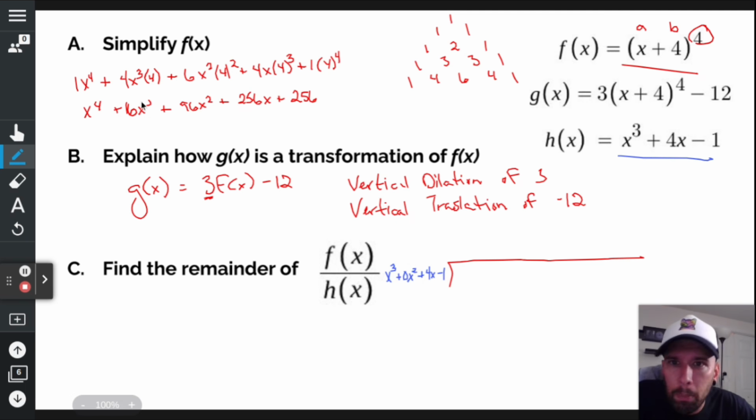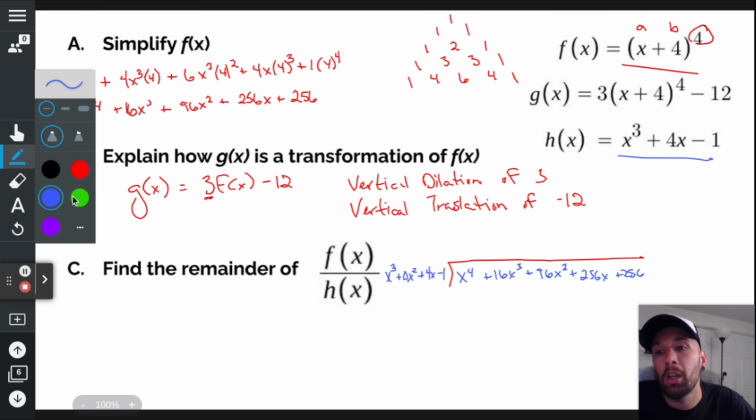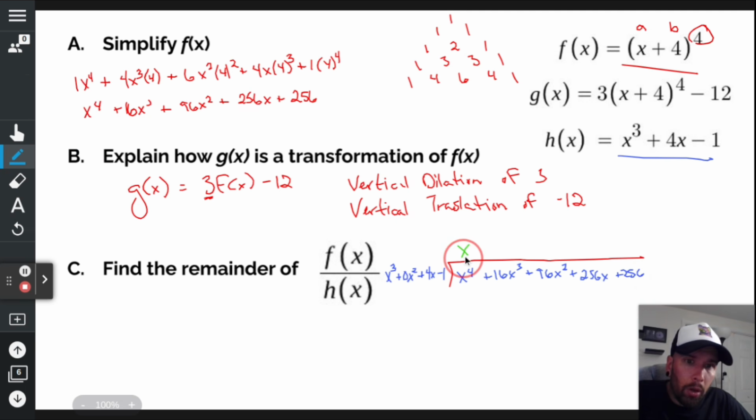F of x ended up being that whole thing: x to the fourth plus 16x to the third plus 96x squared plus 256x plus 256. This is going to be awful. Actually, it's going to be 2 steps. X to the third times x is x to the fourth.